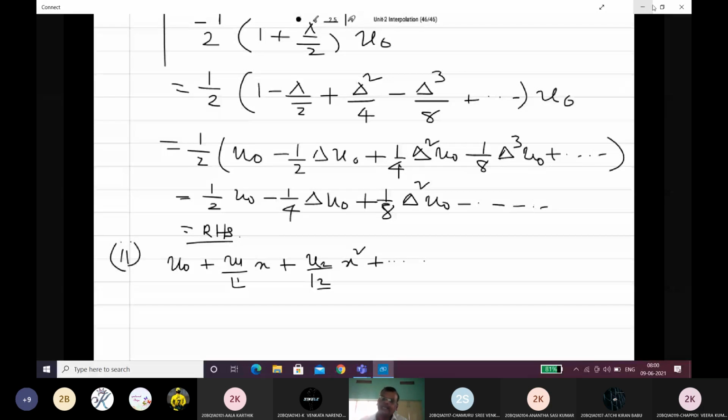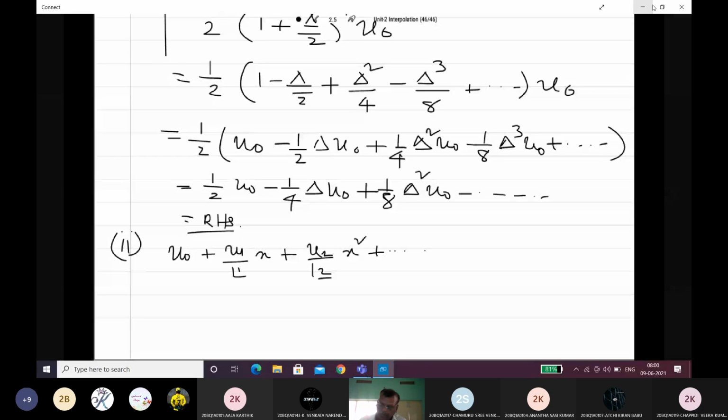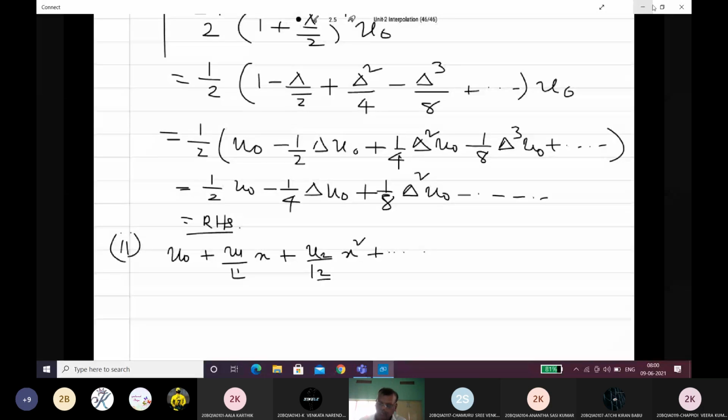You have to take the left hand side, that is u0 plus u1 by factorial 1 x plus u2 by factorial 2 x square and so on.